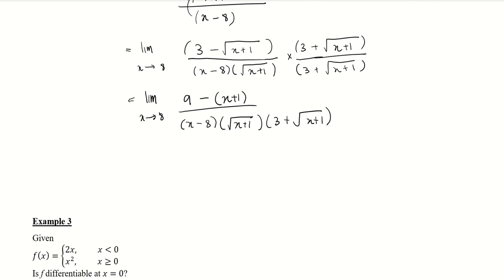If we simplify the numerator, we get negative x plus 8, or I can factorize it as negative (x minus 8) because we want to eliminate x minus 8.